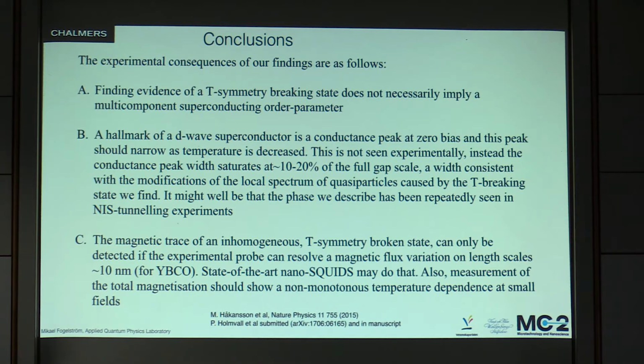The conclusion says that first, you don't need an additional interaction channel to break time reversal symmetry. If you have the case of a D-wave superconductor which is suppressed at an interface, it can actually spontaneously start developing a superfluid momenta.